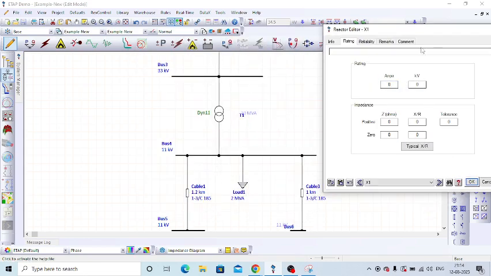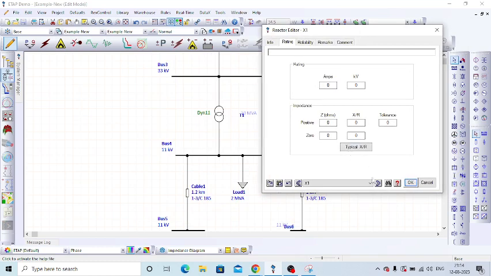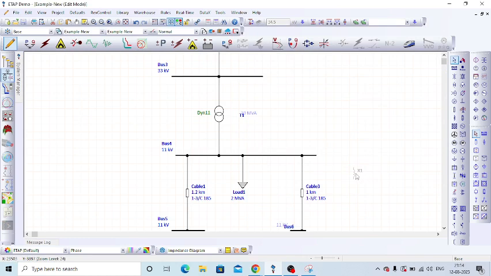We have to select how much current we are limiting through this reactor, then the reactor will limit the fault current. So this reactor is called a fault limiting reactor. This is also one of the methodologies to reduce the fault current.